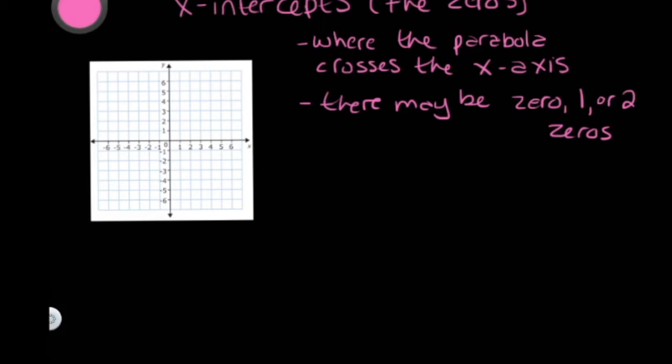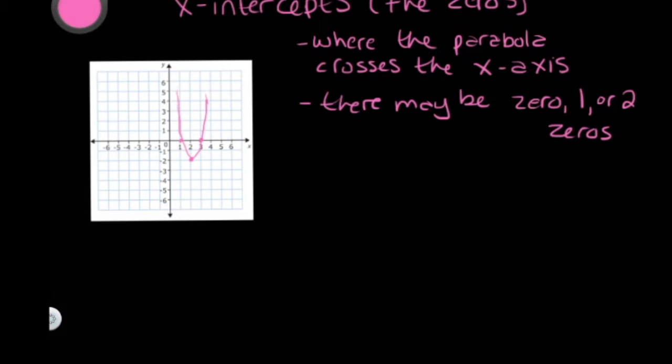So the first example, if I have a parabola that looks like this, okay, so the drawing is not great on the computer, but you see what I mean.